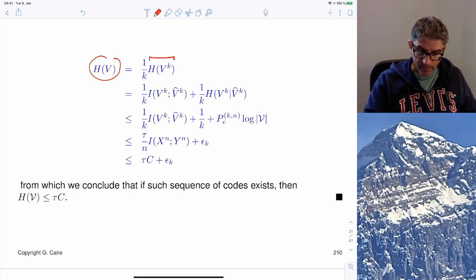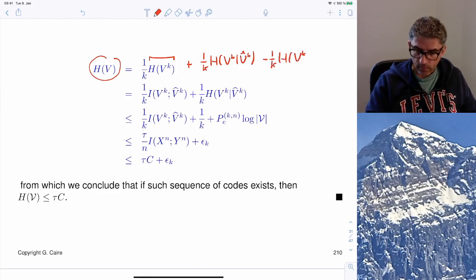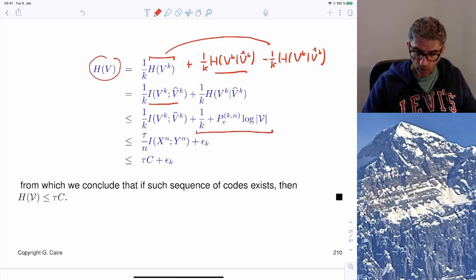Now, adding and subtracting this conditional entropy, we see that this minus this gives us this mutual information, and then we have this term, but this term is upper bounded by Fano's inequality, so we get this upper bound.